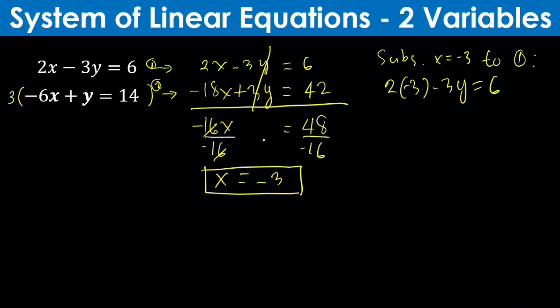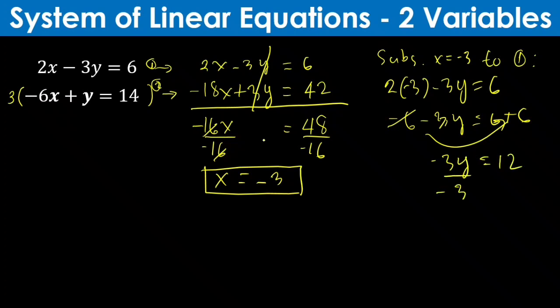Now here that's -6 minus 3y plus 6. You can move this to the right side, so that will become plus 6. So -3y equals 12. Divide -3 both sides. This will cancel out, and y equals -4.